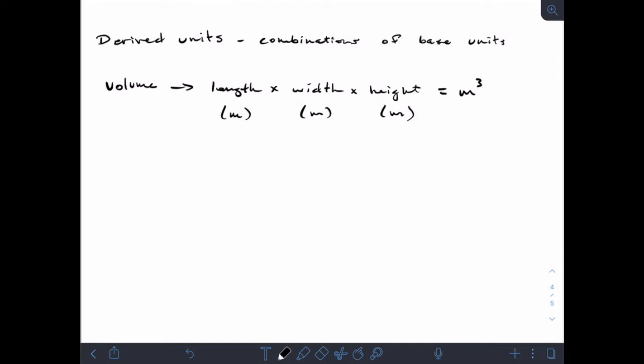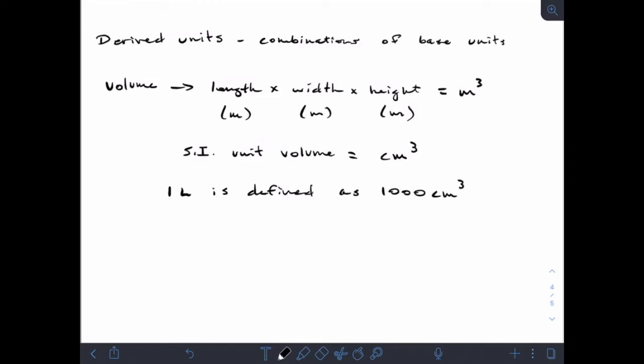Now the SI unit for volume is the cubic centimeter. Now, interesting fact, 1 liter is defined as 1,000 cubic centimeters.